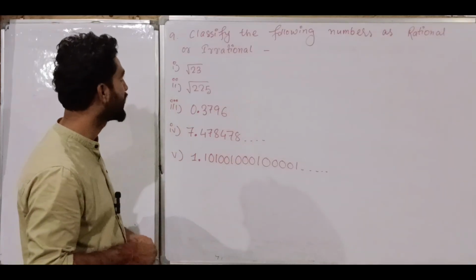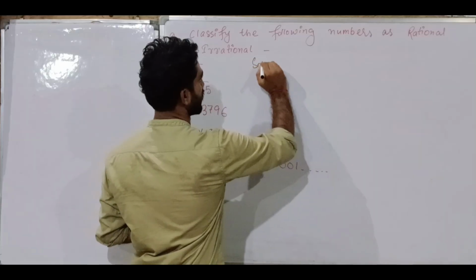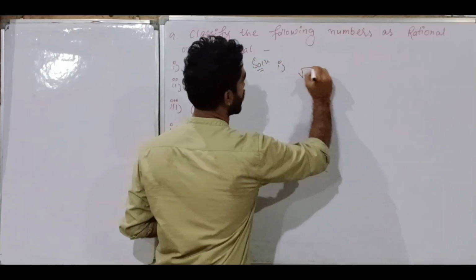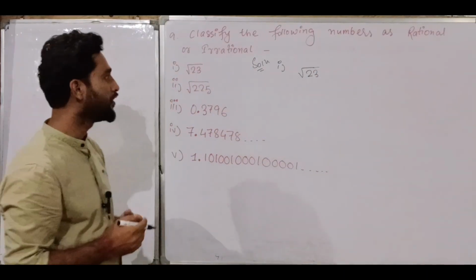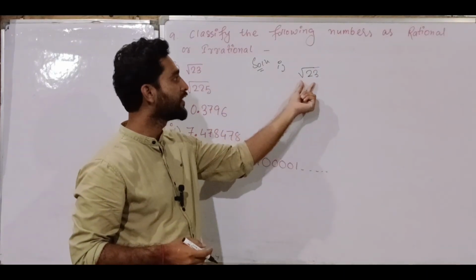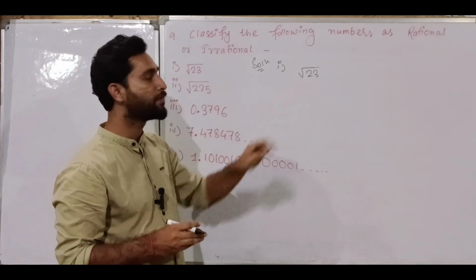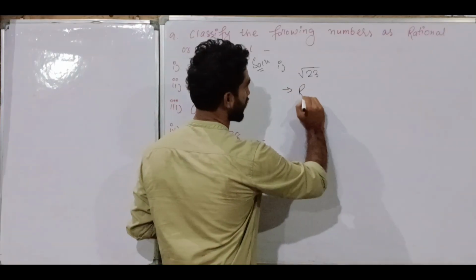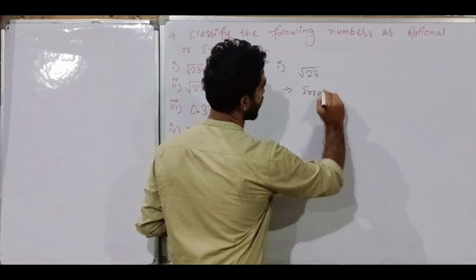So let's find which one is rational and which one is irrational. So the first question is square root of 23. Here clearly we can see that root 23 is an imperfect square root. Since it is an imperfect square root, hence it is a rational number. Sorry, it is an irrational number.